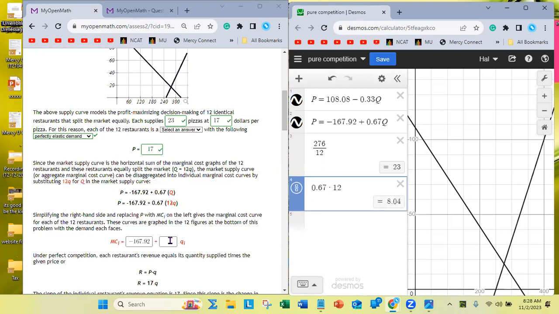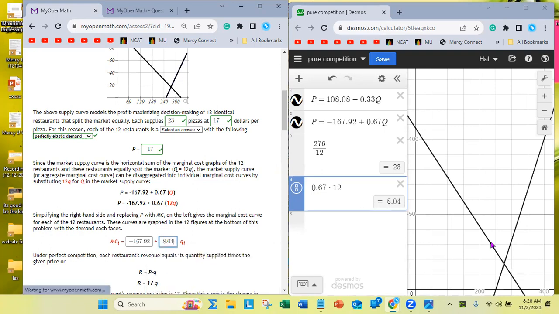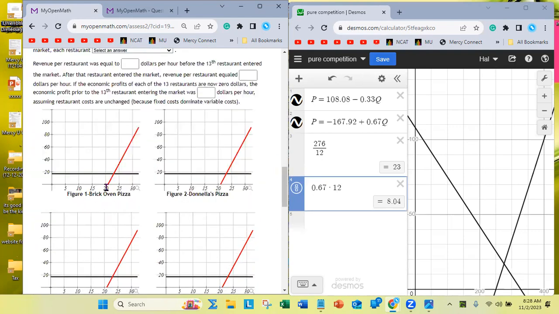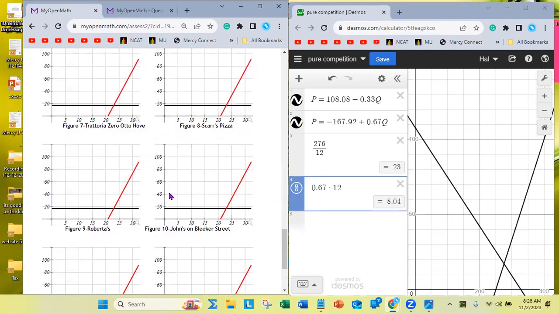So the slope is 8.04. And this red equation is the red, upward sloping line in each one of these graphs, right? Each one of those graphs.